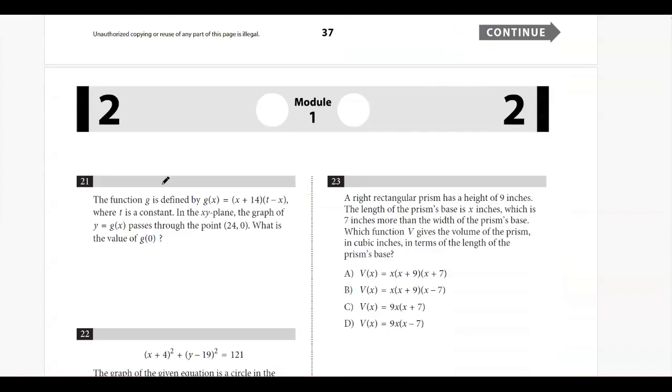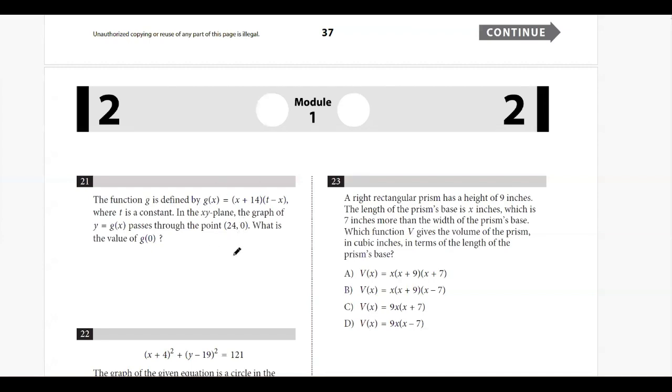Okay, the function g is defined where g of x is equal to this, where t is a constant. In the xy-plane, the graph of y equals g of x passes through the point 24, 0. What is the value of t? So all I gotta do is put 24 inside my function here.